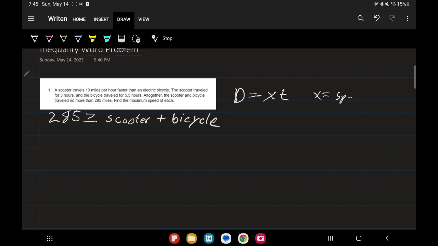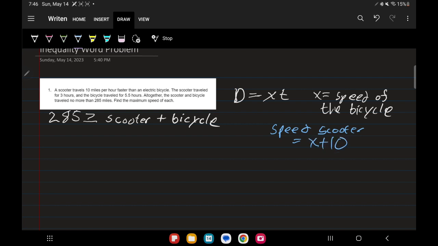I'm going to fix that so you can read it. We call x the speed of the bicycle. Then, for the speed of our scooter, that is equal to x plus 10.